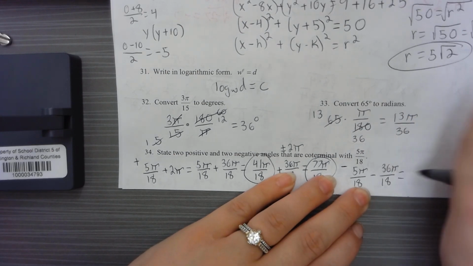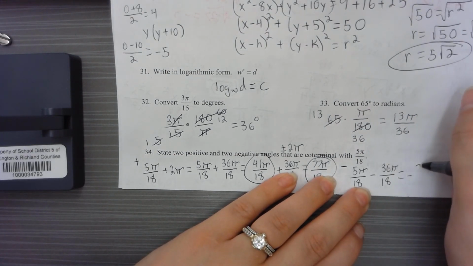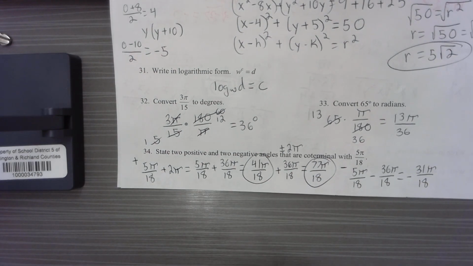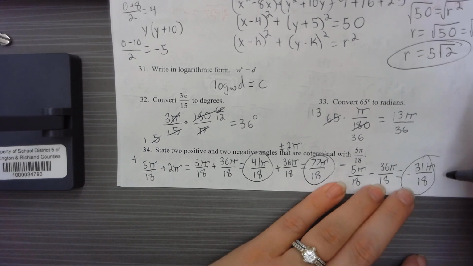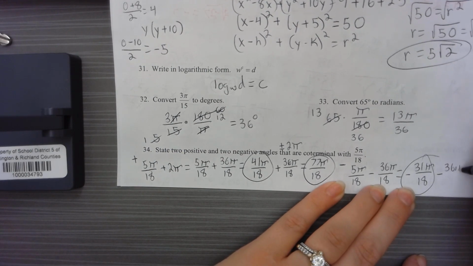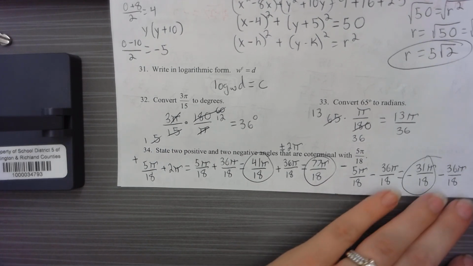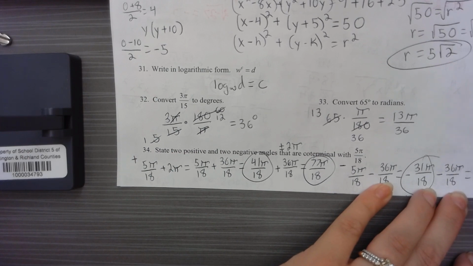So one of my negative ones would be negative 31 pi over 18. Yeah, that's right. To find another, again, we would subtract 36 pi over 18 from that. So this would be negative 67 pi over 18.